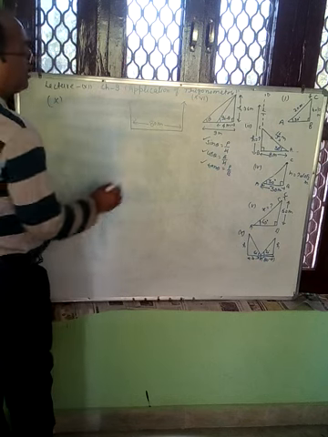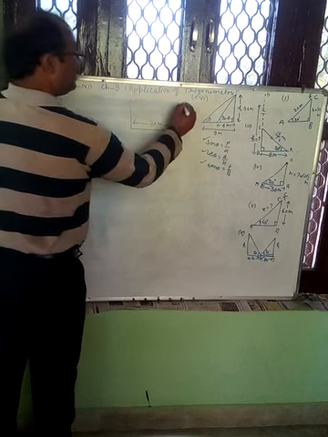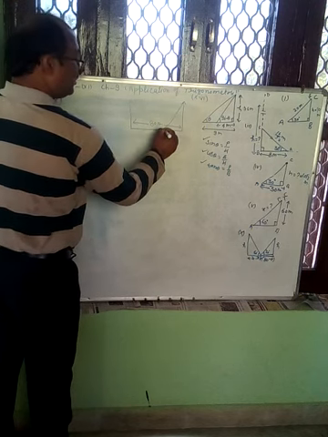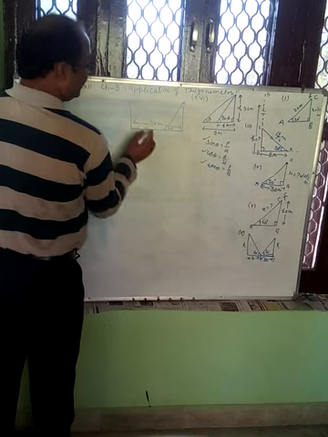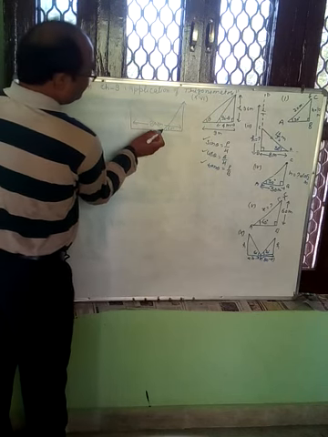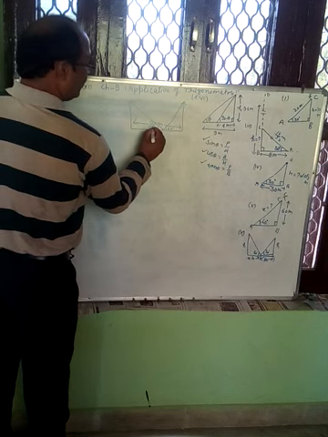From a point here, this angle is 60 degrees, and at the top of the other pole, this angle is 30 degrees.